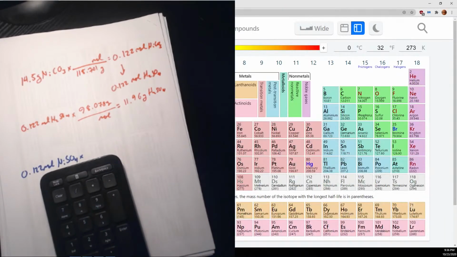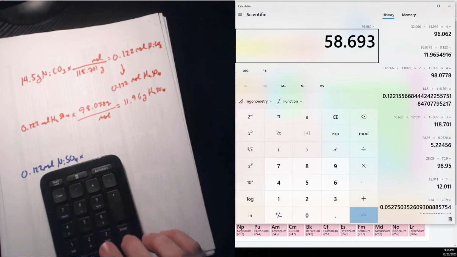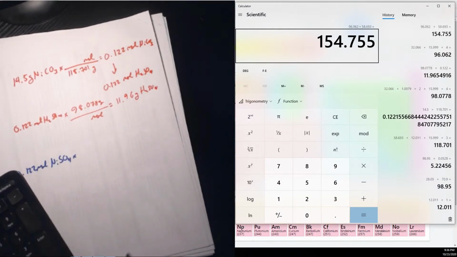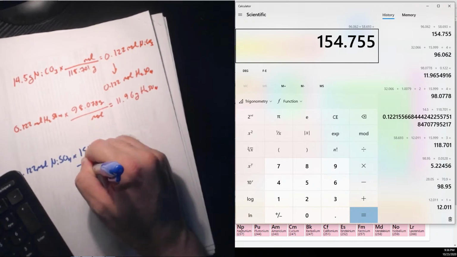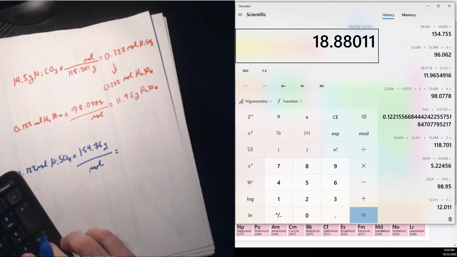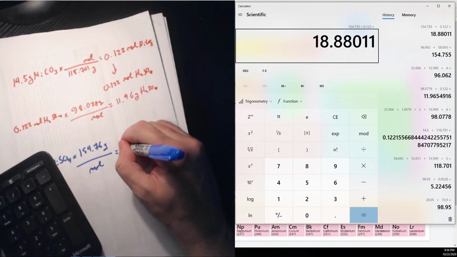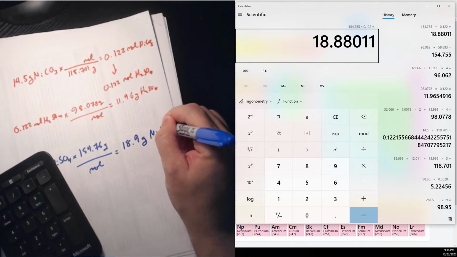What was the mass of nickel? Nickel is 58.693. That gives 154.76 grams per mole, so 18.9 grams of our nickel(II) sulfate.